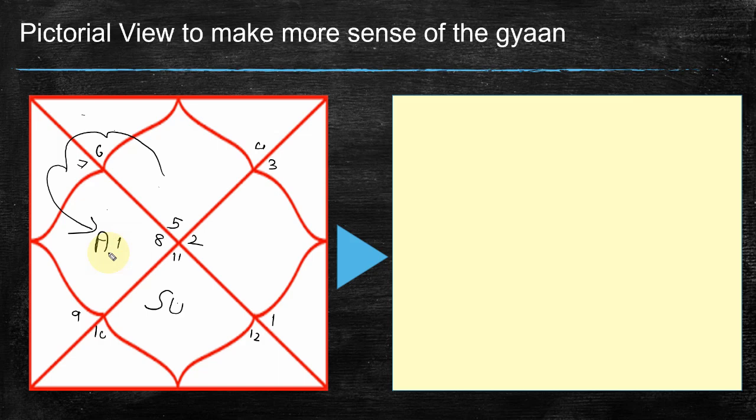Another example, and it's not just confined to Kendra or Trikona. This rule is applicable to any house. For example, in this case, if Saturn were to be here, the Lord of the 6th house is 7 houses away from the 6th house.